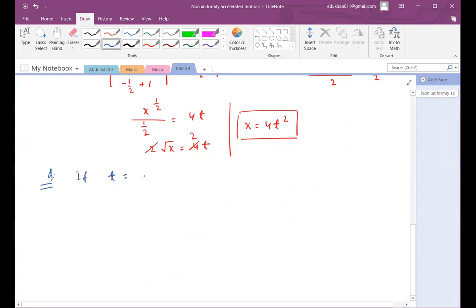If t is equal to root of x plus 3, find velocity and acceleration at 2 seconds.